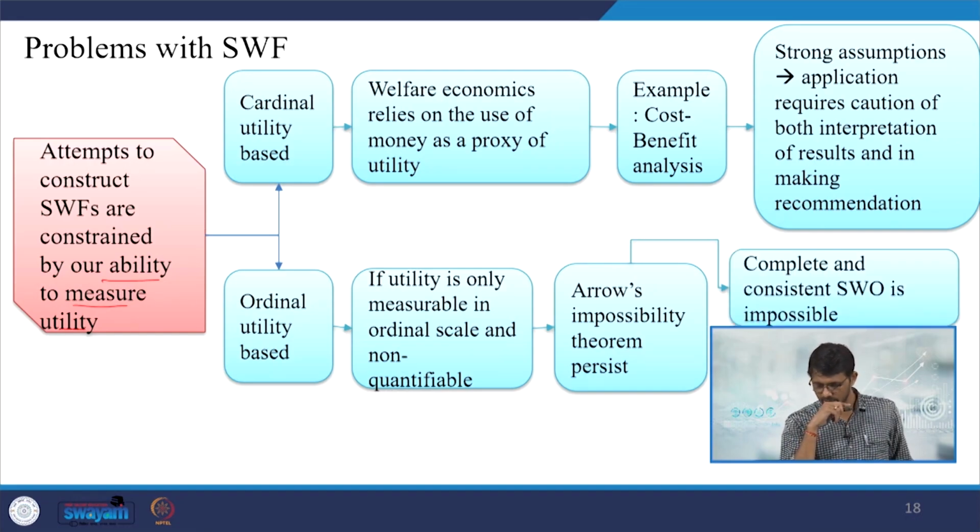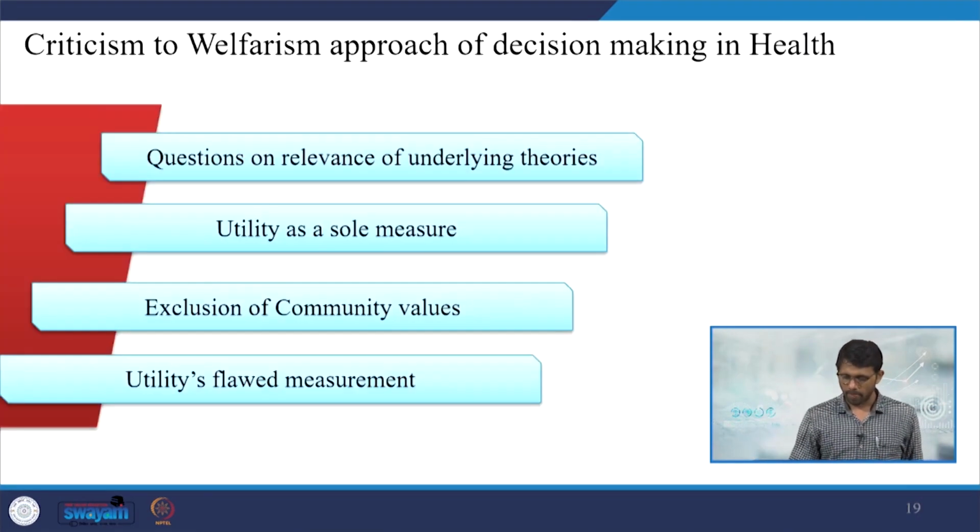And this has a complete direction and consistent social welfare ordering, and is usually impossible as mentioned in the works of Arrow. We will also discuss here the criticisms of the welfarism approach to decision making in health.